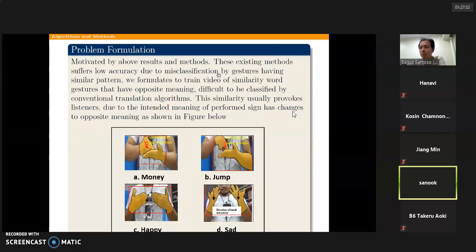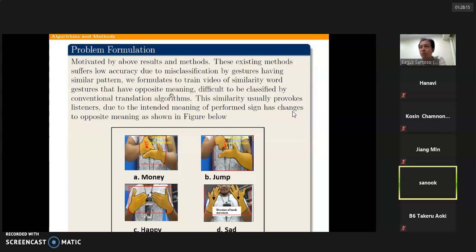As reported by others, there are misclassification issues, and the methods get this misclassification due to the lack of dimensionality of the features they extracted, and they also reported similarity issues.